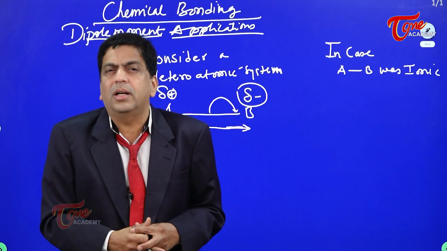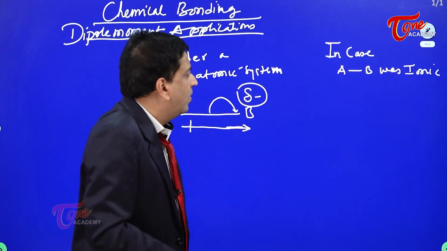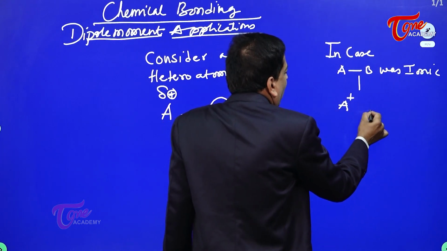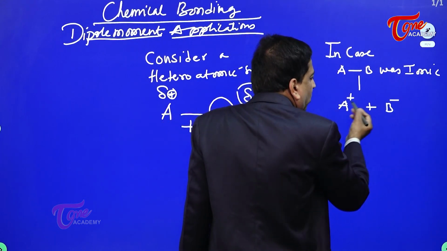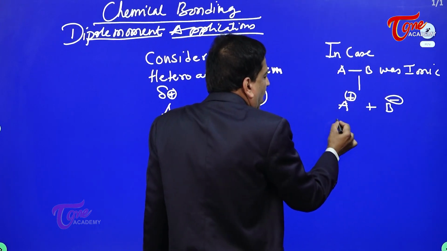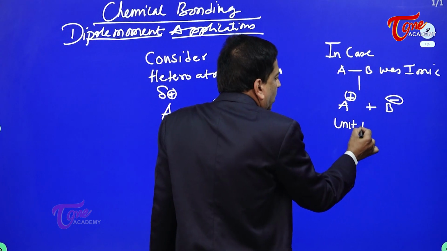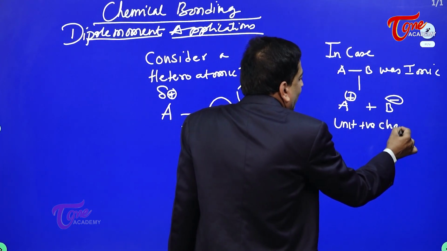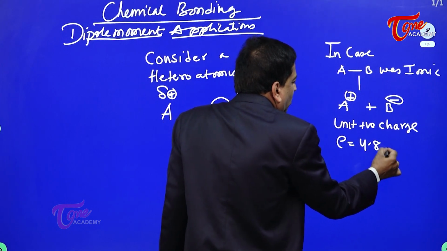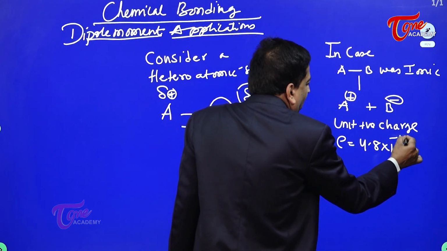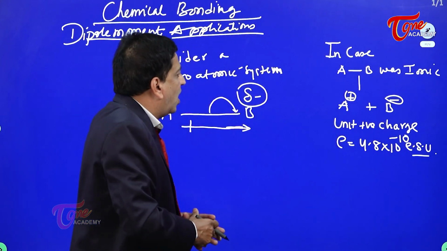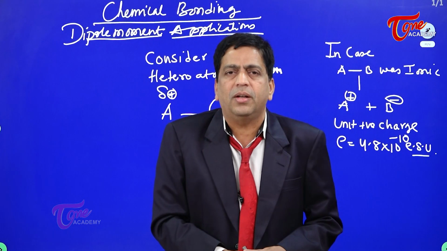Hypothetically or theoretically, understand that if AB was ionic, then this would have given us A plus and B minus. You can actually see these are full charges. And this unit positive charge or unit negative charge has an e value which is equal to 4.8 into 10 power minus 10 electrostatic units. That is the unit of charge in CGS system, you must understand.